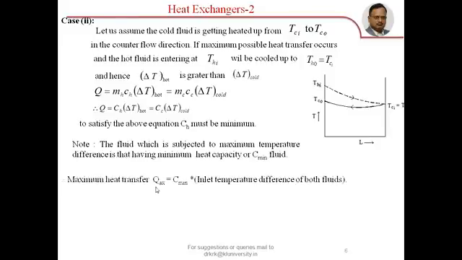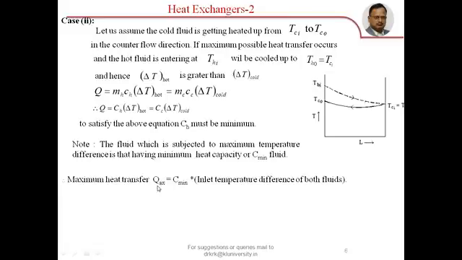Now maximum heat transfer, Q maximum, is equal to C minimum into the inlet temperatures of both fluids. So in this case also, MHCH into THI minus TCI, where MHCH is C minimum.